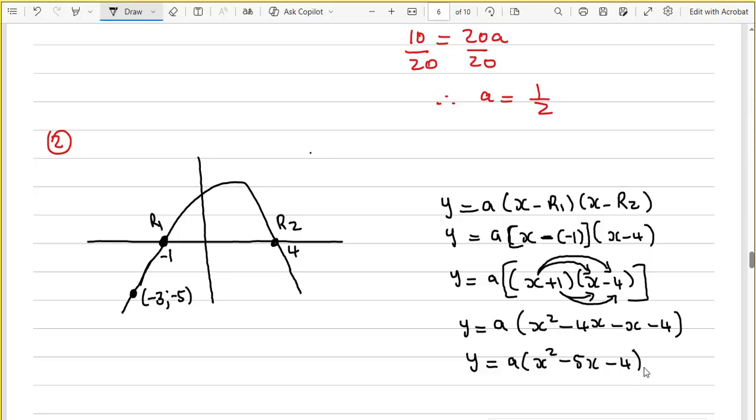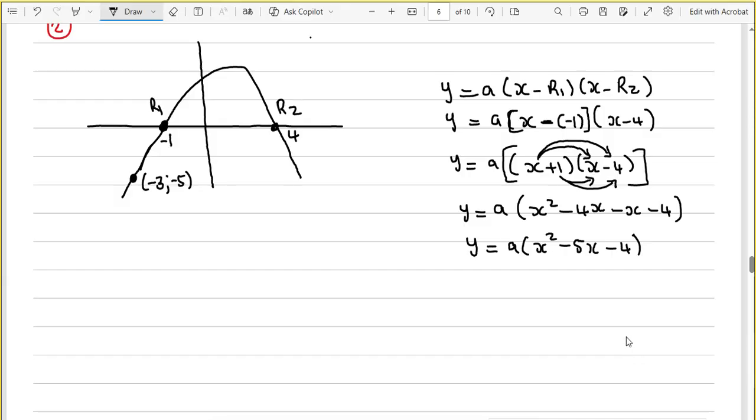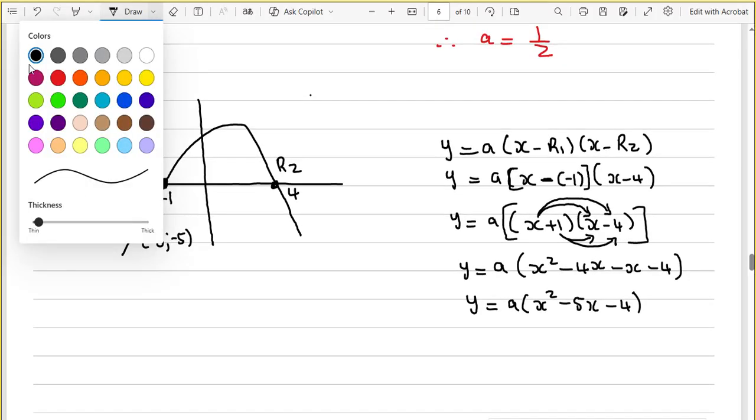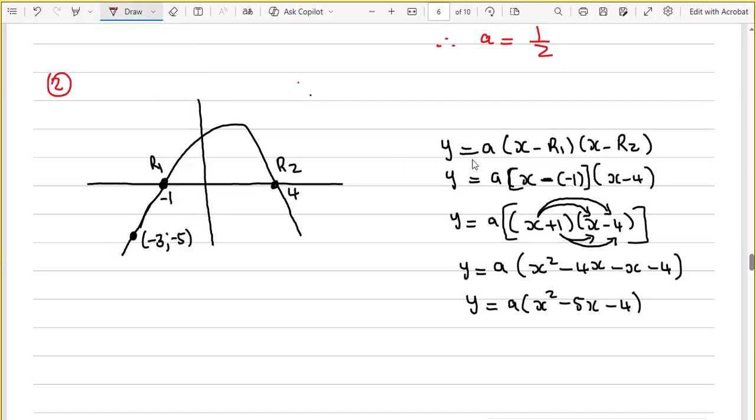Right. And then from there, where there's a, you can just find the value of a. But now, since we created this, this is not from the textbook.